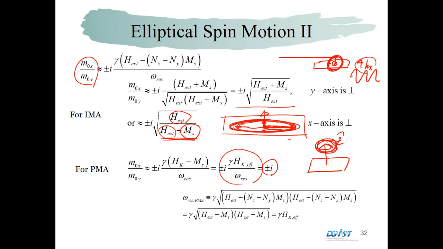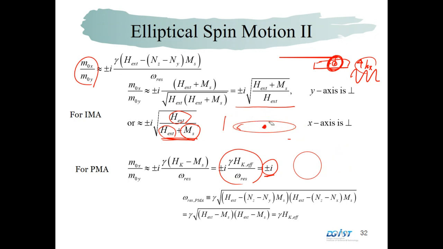So it is circular and symmetric, so it generates a circular motion. So I hope students can understand the difference between this elliptical form and the circular form. Is it okay?